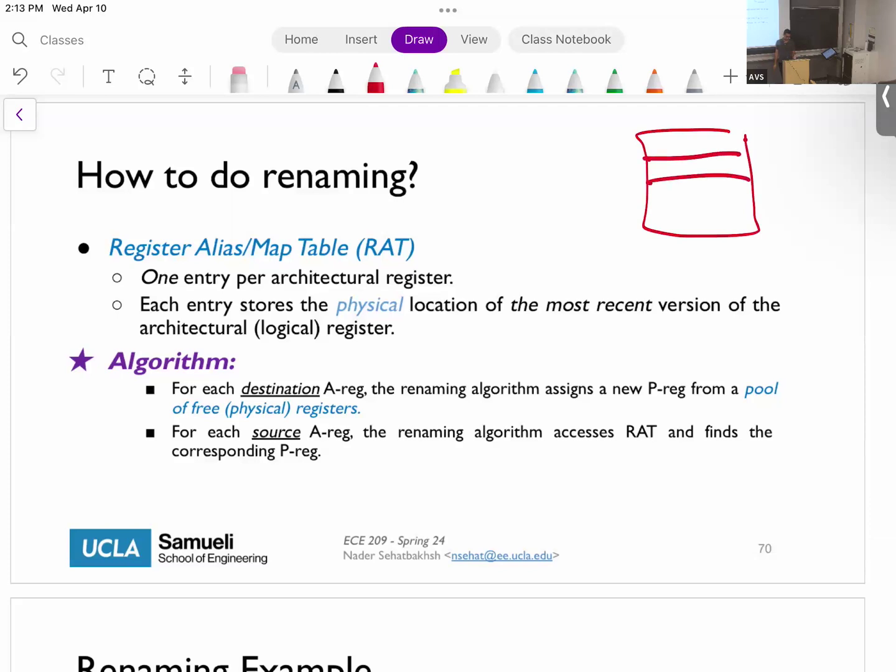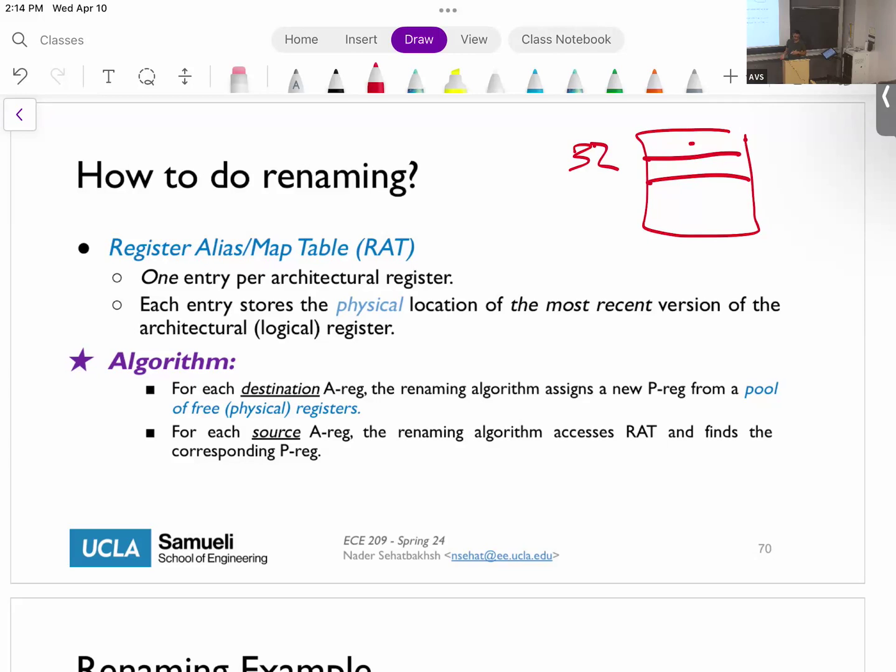So if you have 32, we have 32 entries. In each one, we store the most recent mapping between A-reg and P-reg. Remember, one architecture register might be mapped to multiple physical registers. In other cases there could be multiple numbers per row, but in the RAT, we usually just remember the most recent one and put it there.